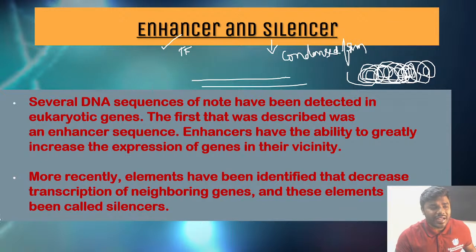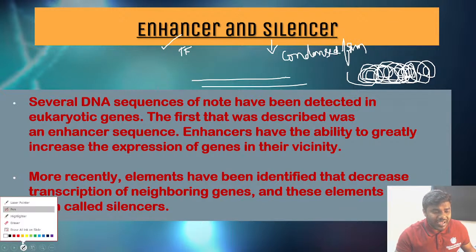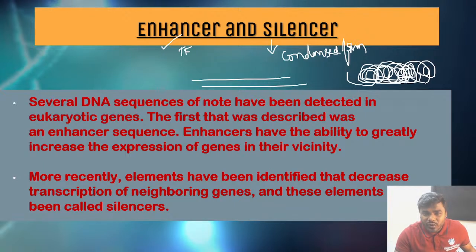Now you only tell me, if the DNA gets condensed like this, friends, everyone answer. Suppose this is the promoter, do you think RNA polymerase enzyme can recognize the promoter? Do you think transcription factors can recognize the promoter? It is not at all possible. RNA polymerase feels very difficult in recognizing the promoter. Transcription factors will feel very difficult in recognizing the promoter.